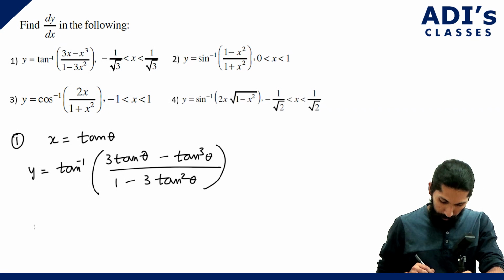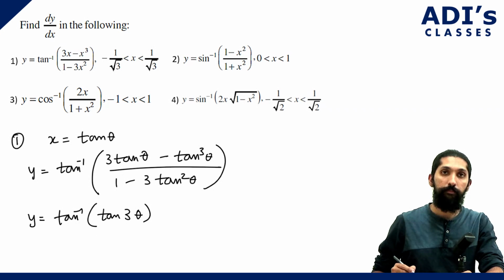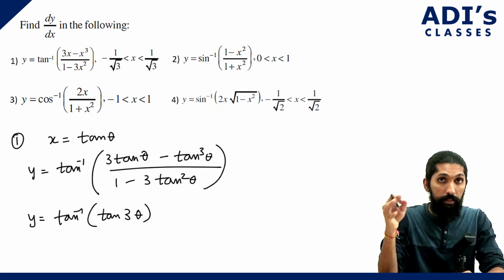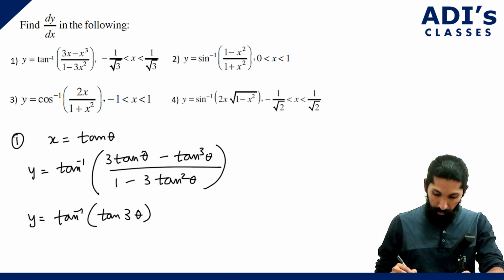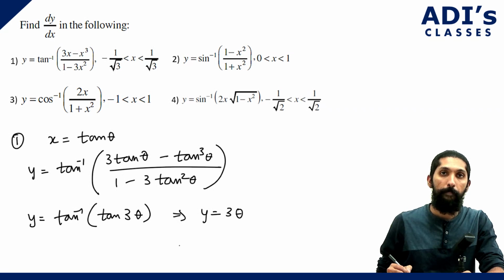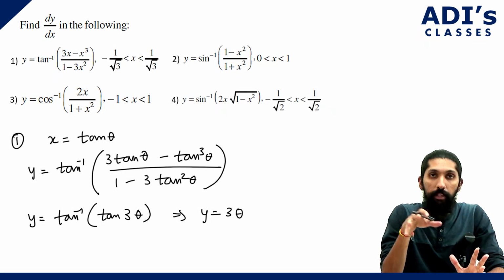So what do we have? y is equal to tan inverse of tan 3 theta, isn't it? Now tan inverse of tan 3 theta. So this becomes y is equal to 3 theta. Correct?